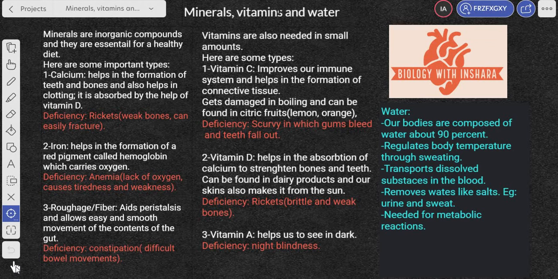Vitamins and water. Now before we start, in the last video I spoke about fats, and in this video we're talking about minerals, vitamins and water, all three in one video. Then in the next video I will be talking about carbohydrates, and in the video after that we'll be discussing proteins.